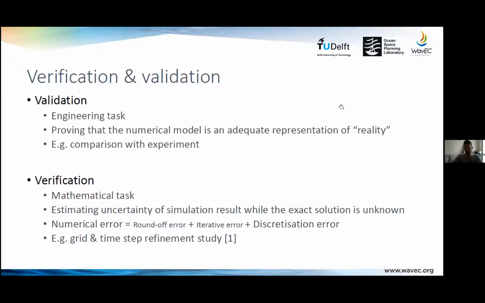This one can be determined, for example, with grid and time step refinement studies, and we were using an approach based on the methods from Likhitha et al., where you will find the paper linked at the end of this presentation.